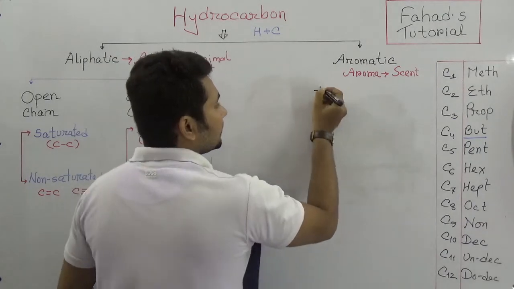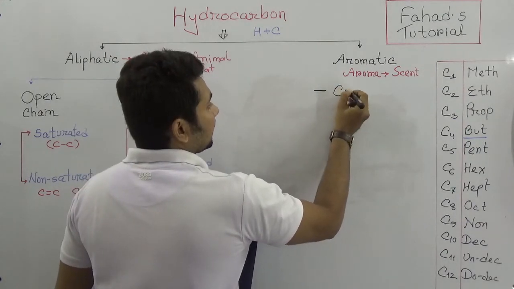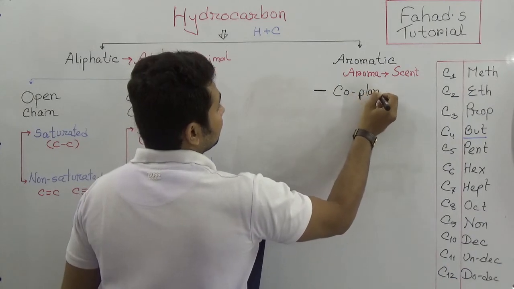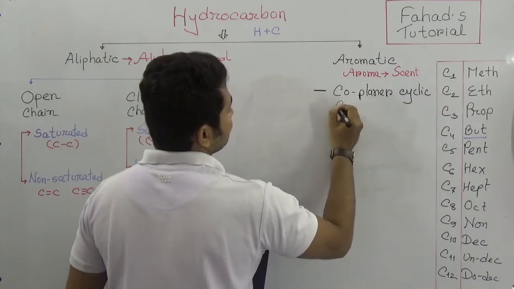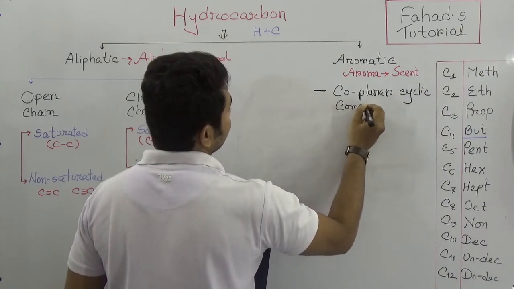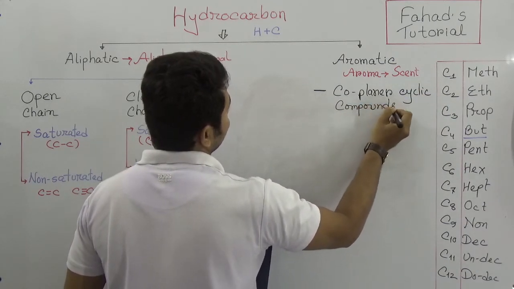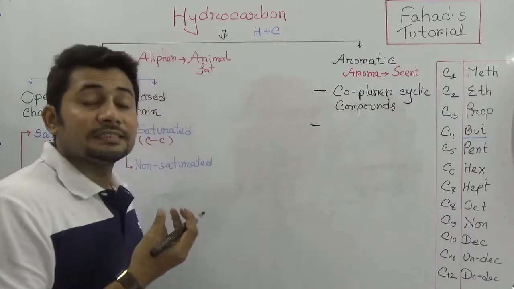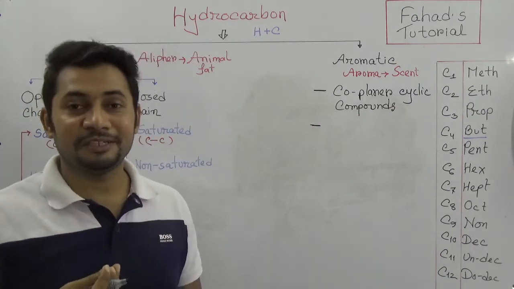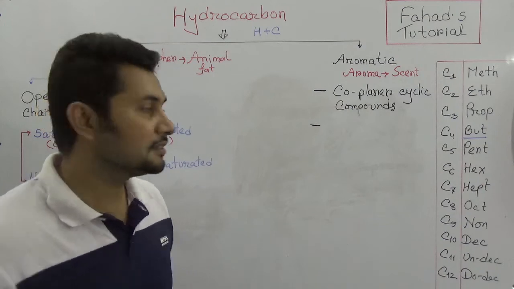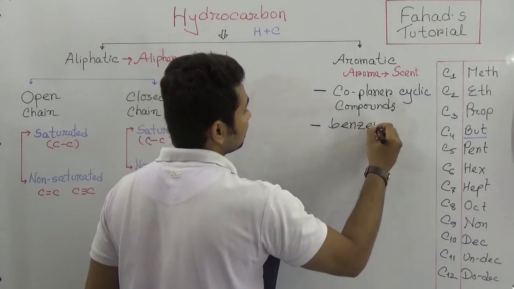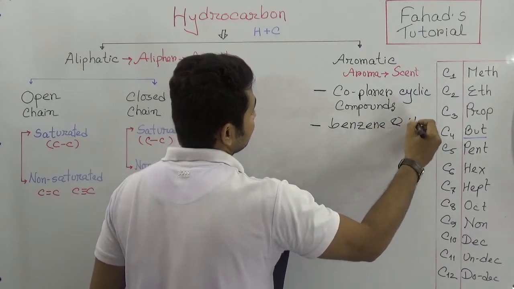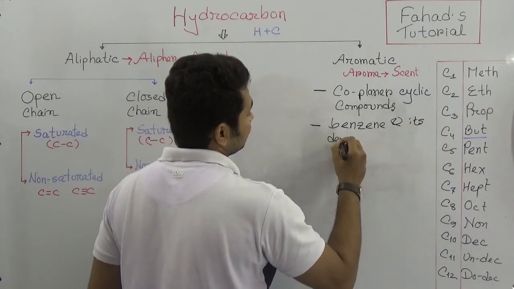Number 1, cyclic coplanar compounds. Coplanar cyclic compounds. Number 2, the first member of aromatic compounds is benzene. So this is all about benzene and its derivatives.